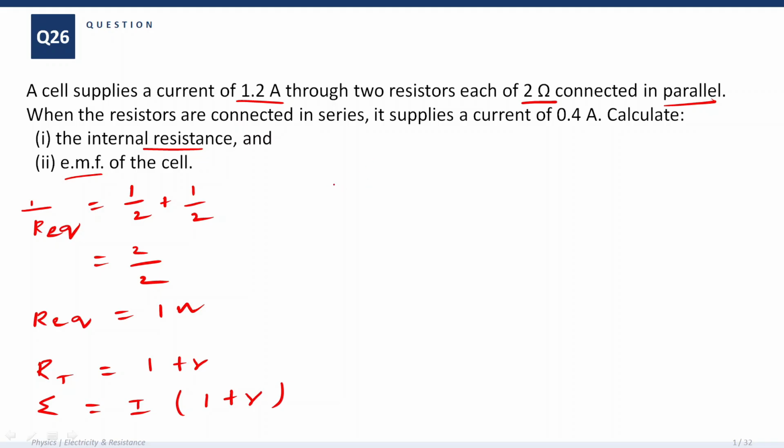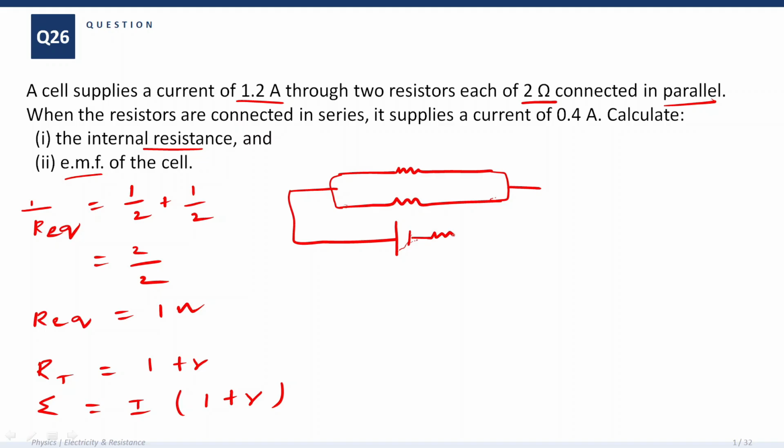If I draw the circuit, I will get it like this. So this is one resistor, the other, both are connected parallel to each other. Cell, internal resistance. This is the circuit. Here the current flows.